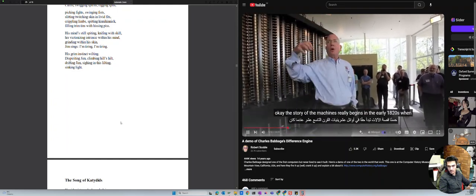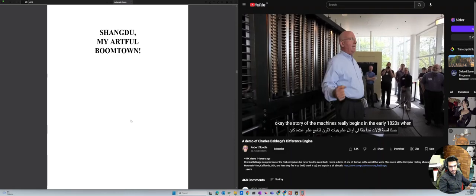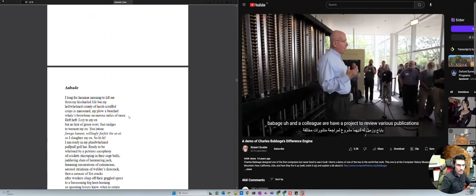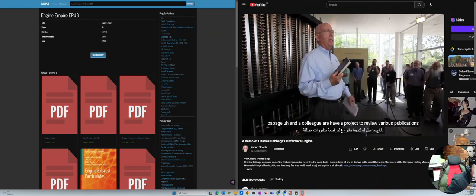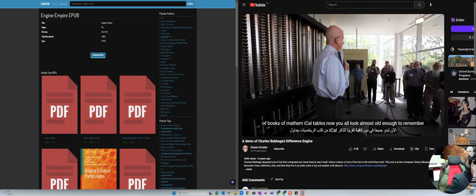Okay, the story of the machines really begins in the early 1820s when Babbage and a colleague have a project to review various publications of books of mathematical tables.